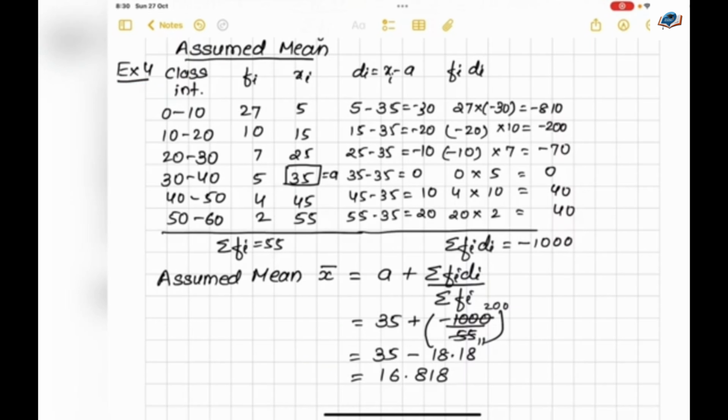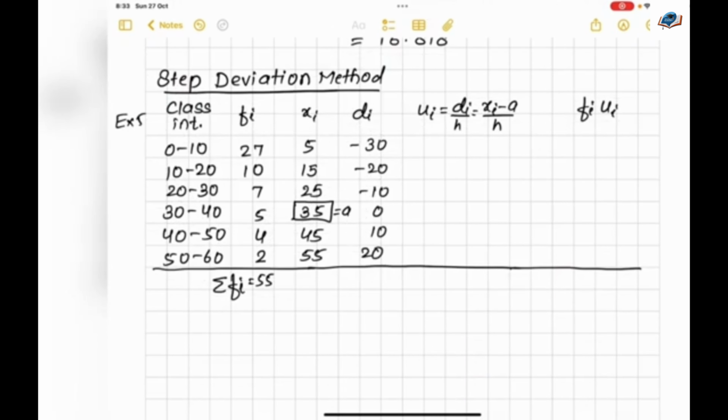Now, the next method to find mean is the step deviation method. Here also till di we will need the same. Once I got di, after that the formula is ui equal to di upon h, or xi minus a upon h. h is the difference between the class intervals, so 10 minus 0 will be 10.